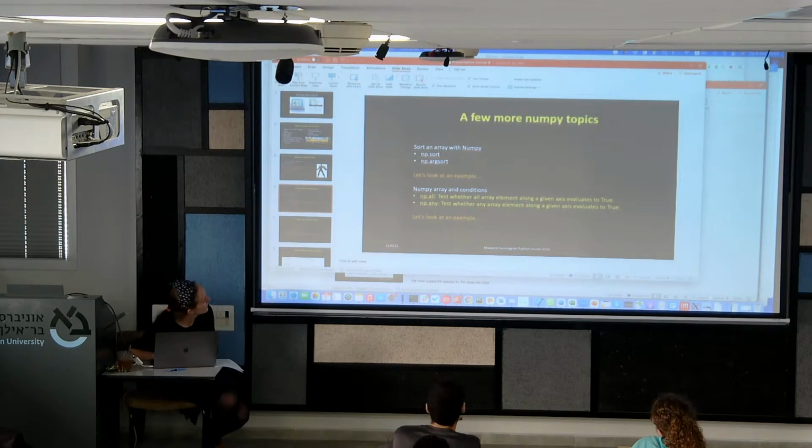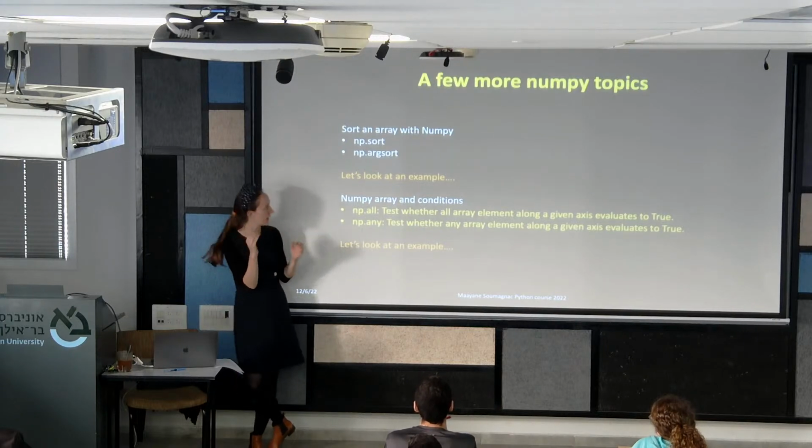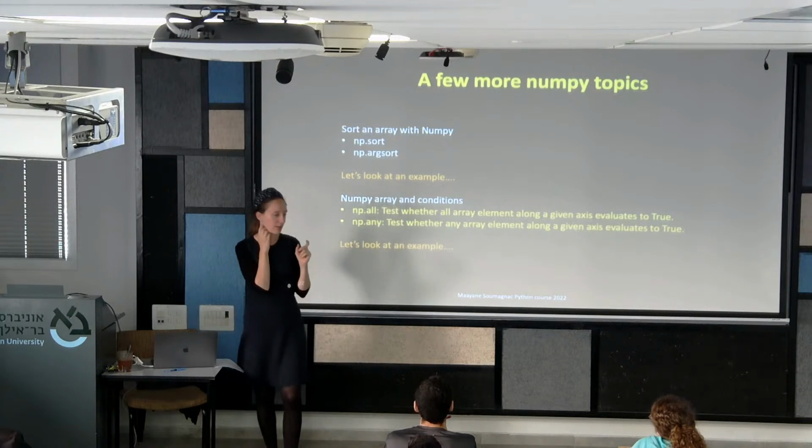Now, let's talk a bit about NumPy and conditions. You remember that I showed you that you can have Boolean arrays with NumPy, and you can use conditions to select certain areas in your array.